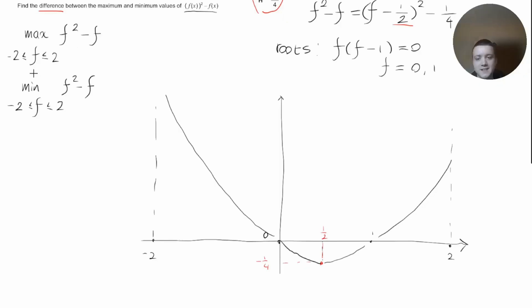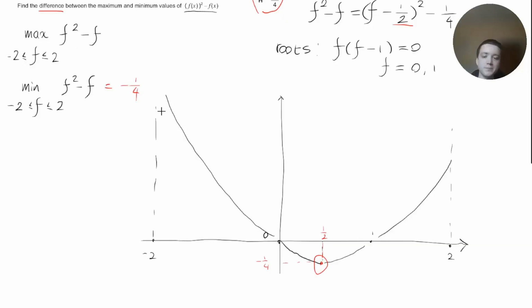We can finally sketch that in. Now you can see straight away that we have our minimum over here. The minimum of the quadratic itself is the turning point, and that turning point is within the range. So it's certainly the minimum within this range, and that is minus a quarter.